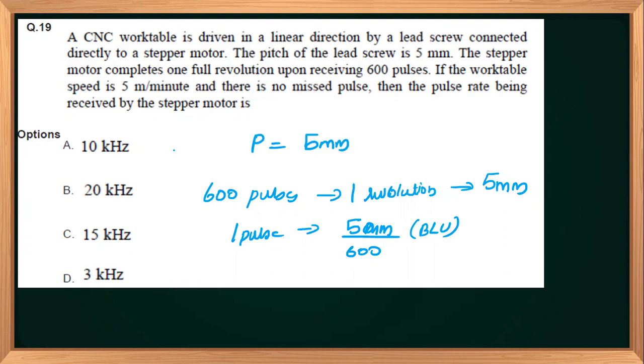Okay, the work table speed is a linear speed it's giving. You can also say that it's the feed. Our feed is 5 meters per minute.